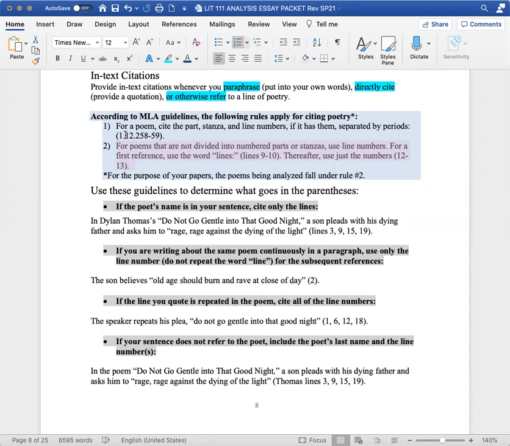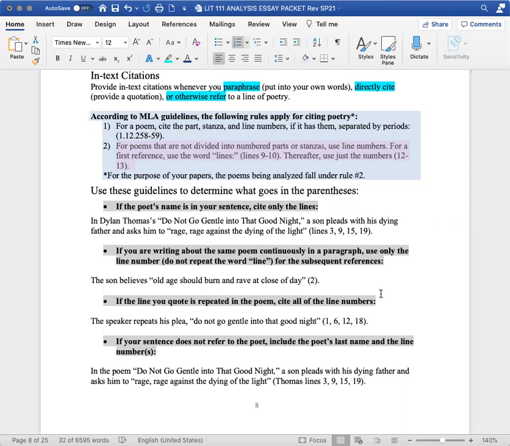So we don't have to worry about this like part 1.12 lines 258. You know, ours are not that complicated. We have short poems. So use this one, which is the word lines and then the number or numbers. And then if the poet's name is not in the sentence, the poet's name as well. So like Thomas, lines 3, blah, blah, blah.